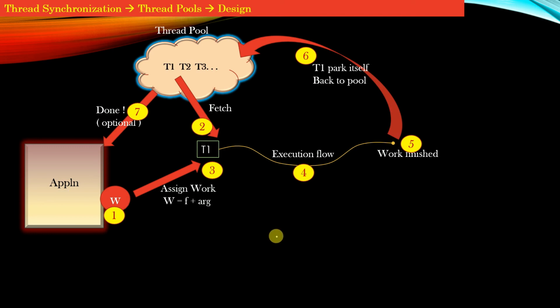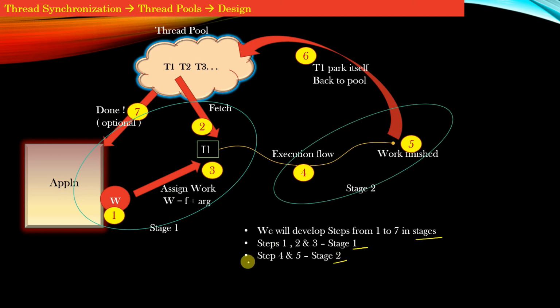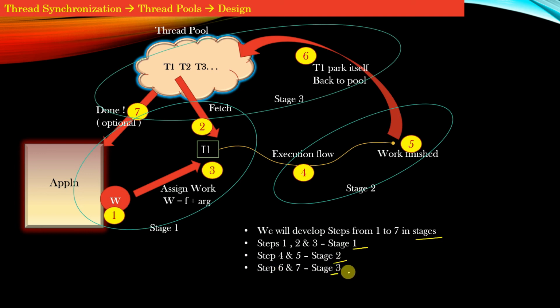So going forward, we are going to implement these steps from 1 to 7 in stages. Steps 1, 2, and 3 are categorized as stage 1, whereas steps 4 and 5 are categorized as stage 2, and steps 6 and 7 are categorized as stage 3.